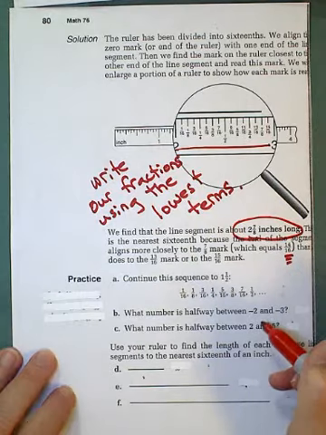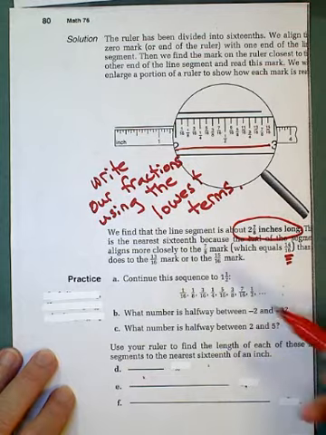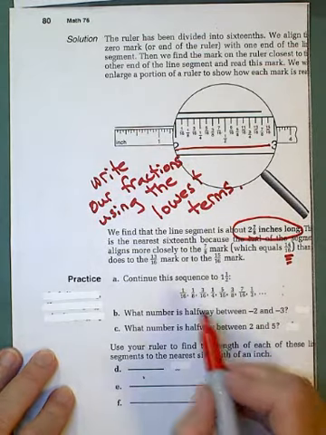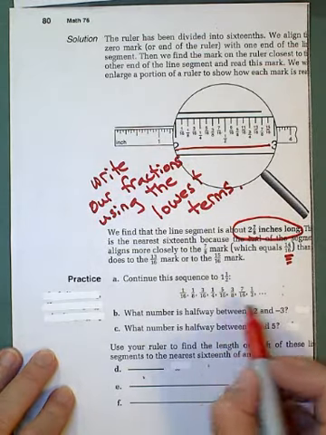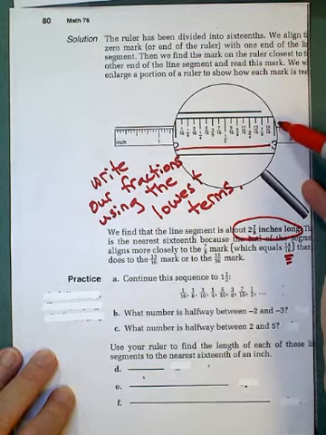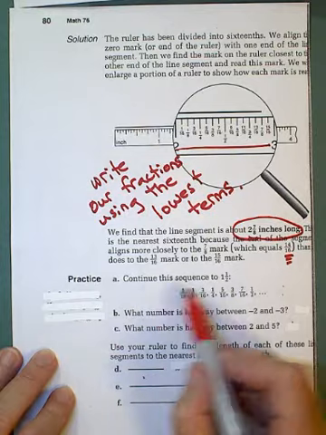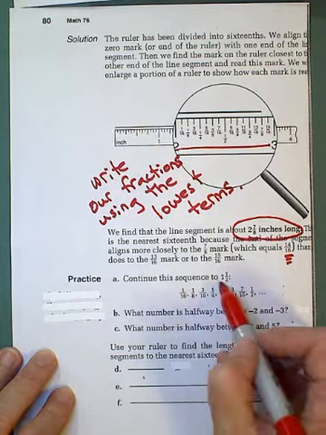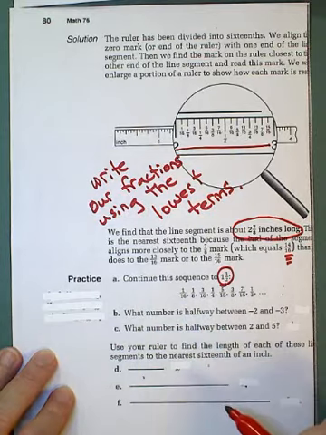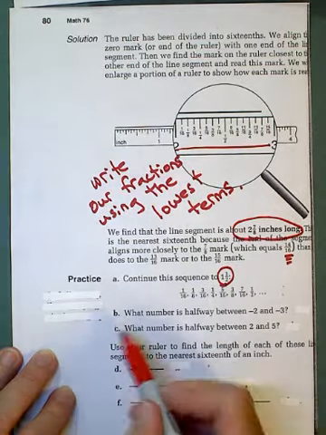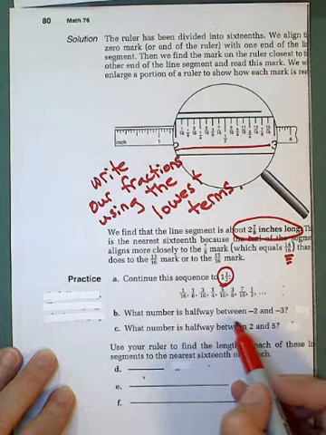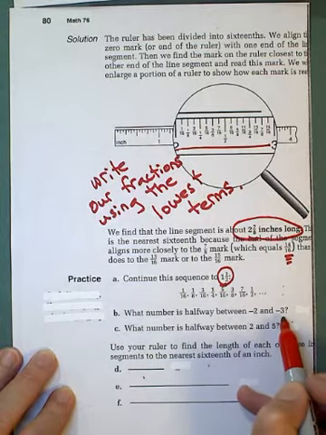All right, looking at practice. I want you to start following this pattern. Certainly use your guide up here to help you if it will. And I want you to continue the sequence all the way up to 1.5. And then write the mixed number that is halfway between -2 and -3. Again, I encourage you to look at a number line.